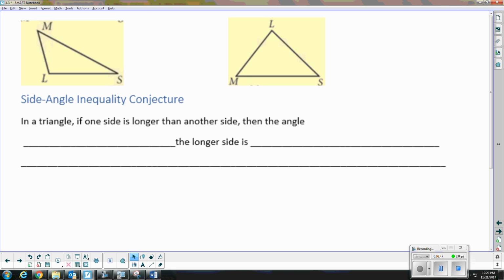But another conjecture we have is the side angle inequality conjecture. So in a triangle, if one side is longer than the other side, then the angle opposite the longer side is larger than the angle opposite the shorter side.